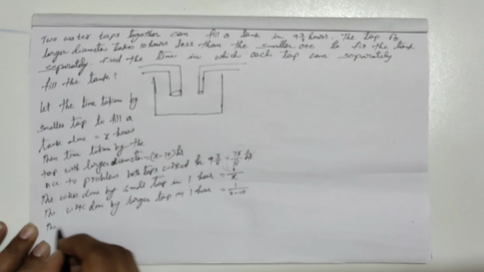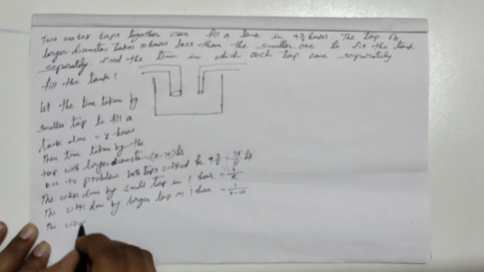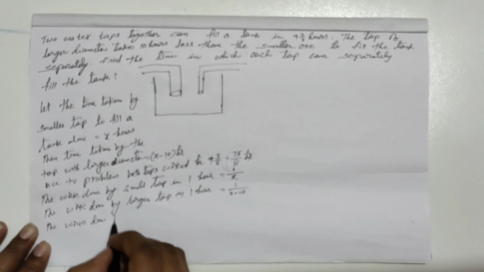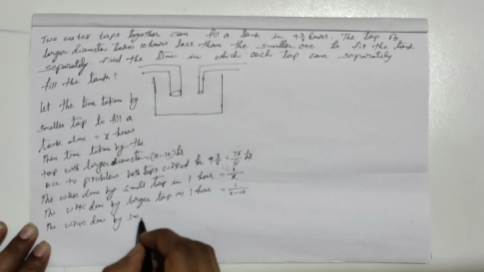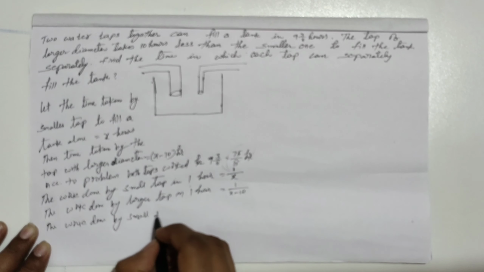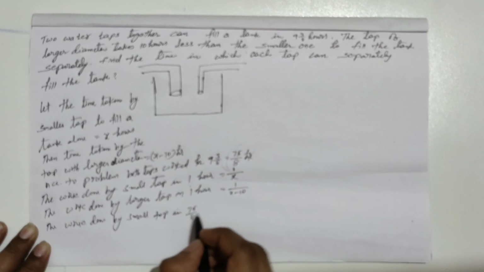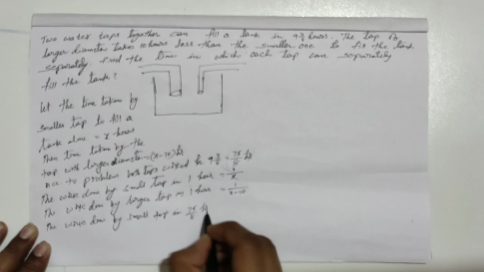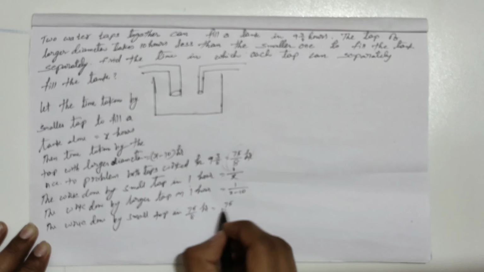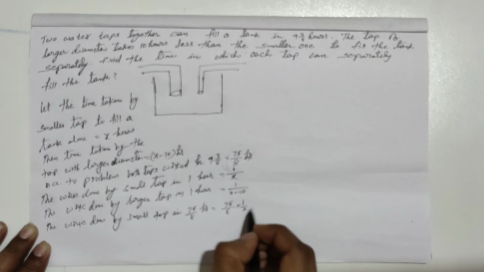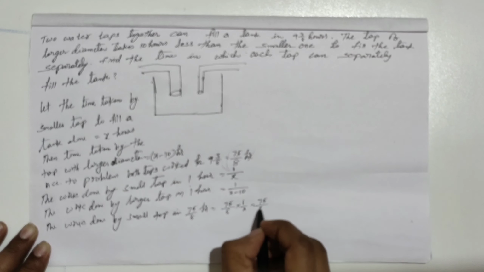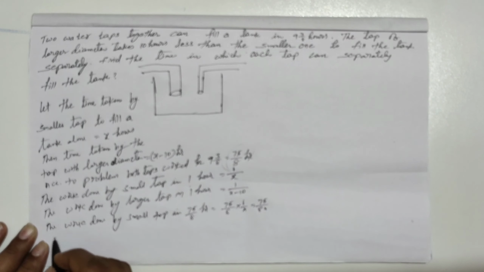So the work done by the small tap in 75 by 8 hours is equal to 75 by 8 into 1 by x, that is 75 by 8x.